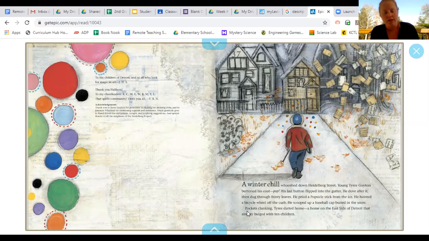And we know that Tyree had pockets full of things, so his pockets were clanking. The word clanking helps me to hear or imagine what it sounds like as Tyree's walking home with his pockets full of things. So those are descriptive language, words that help us to sense, like smell or hear or see or touch or taste what's happening in the story.